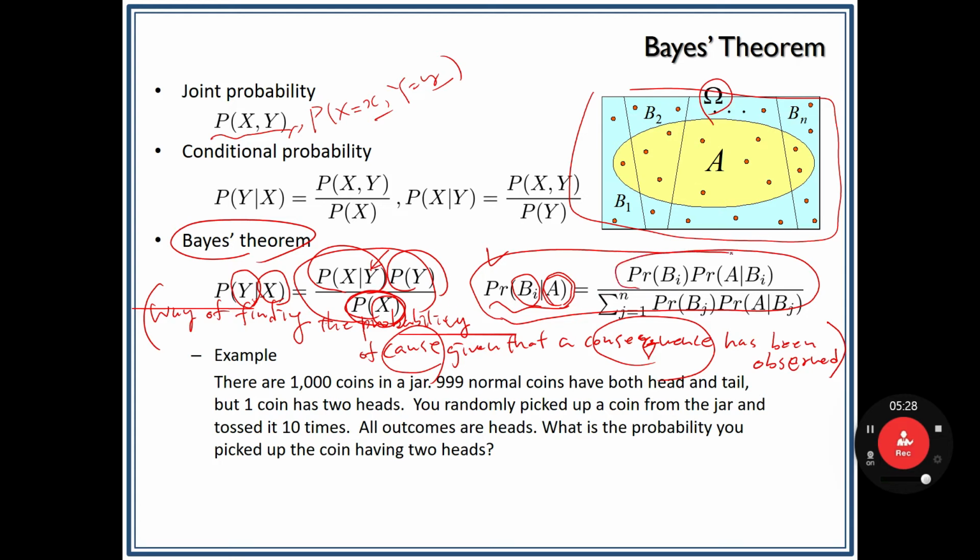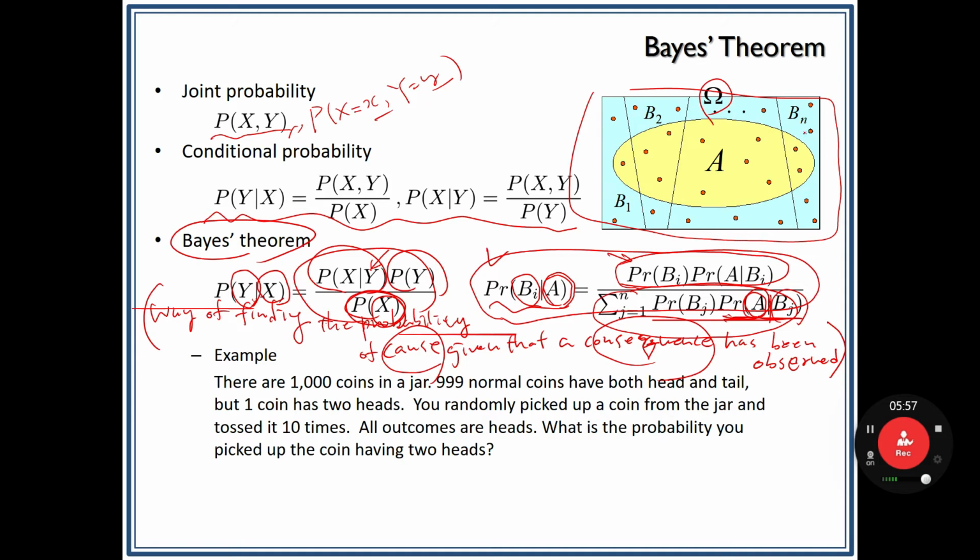So this numerator part you can easily get from these two equations. But the denominator part is actually the weighted sum of the conditional probability of A. So this one indicates the probability of A given Bj.